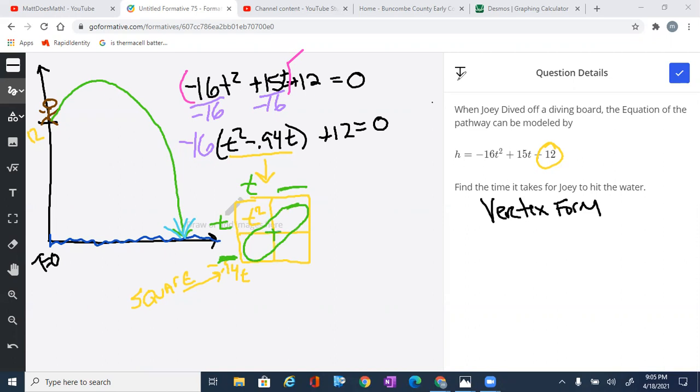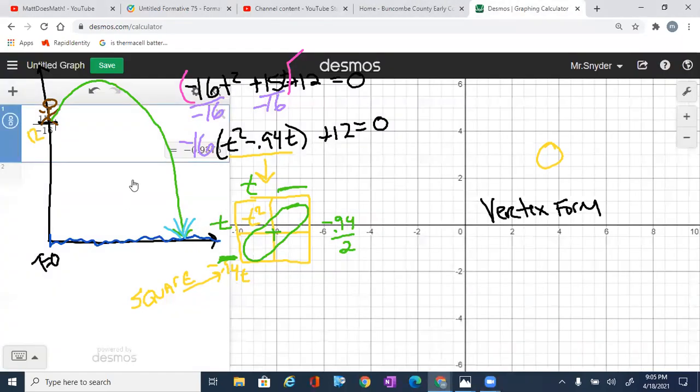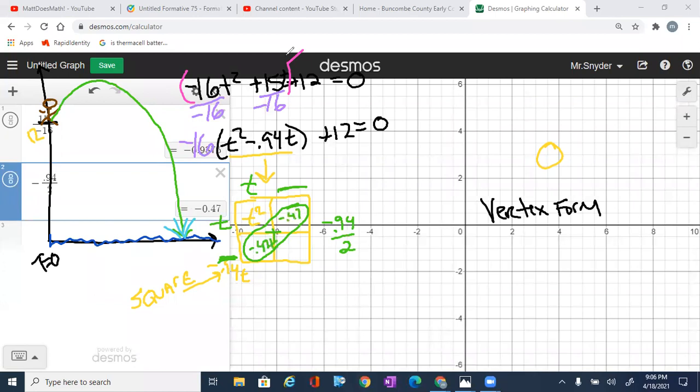Well, if they're going to be the same, all I really need to do is take negative 0.94 and divide it by 2, and that's going to give us negative 0.47. So I'm going to write negative 0.47t, negative 0.47t, and that is minus 0.47 and minus 0.47.